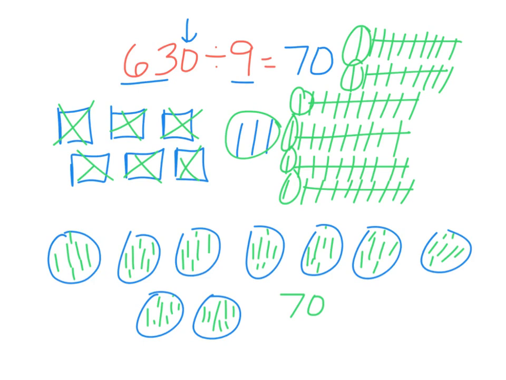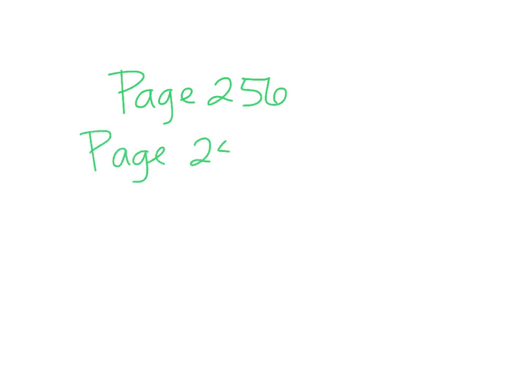Okay, now you're going to try. You're going to do page 256, and it's just like what we practiced just now. Then you're going to do page 257. On page 257, you're going to do everything but problem number 3.